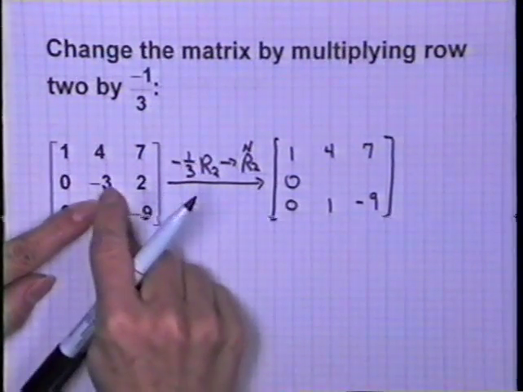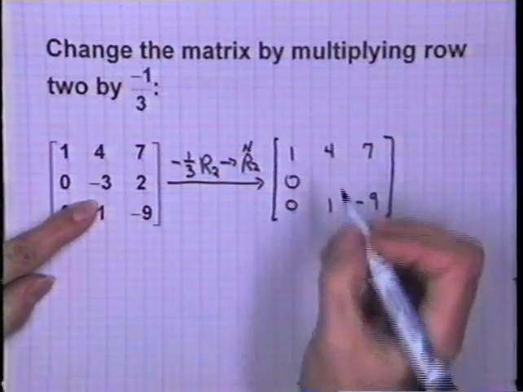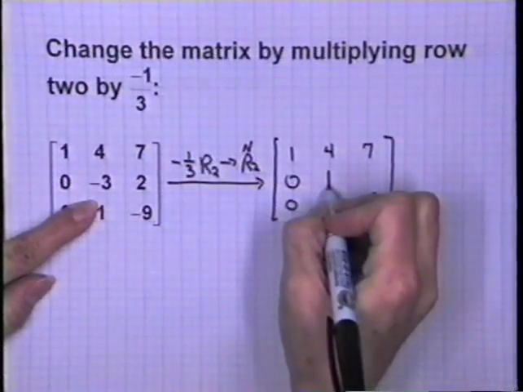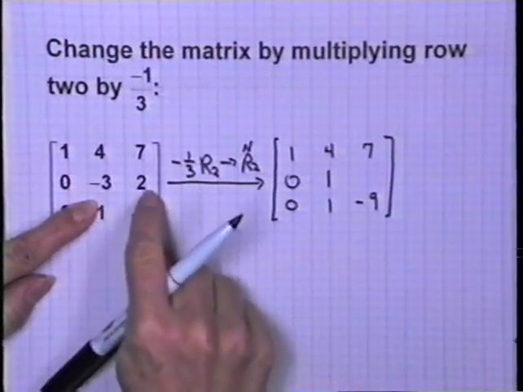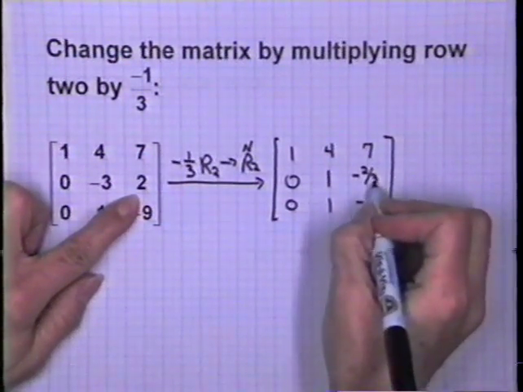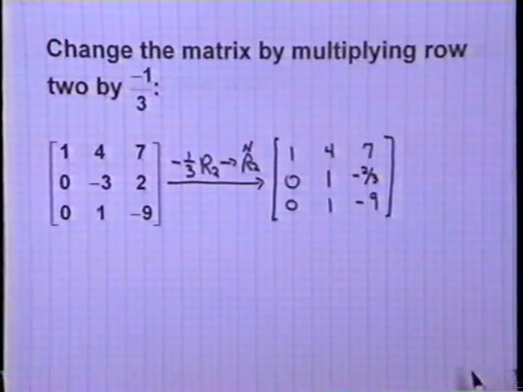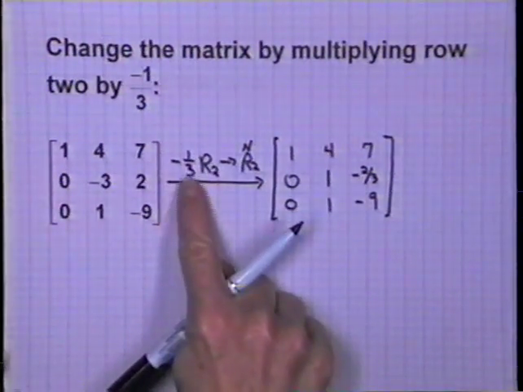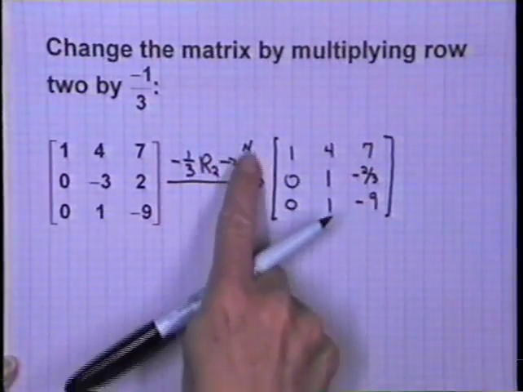Negative 1/3 times negative 3, notice, gives me a positive 1. Negative 1/3 times 2 gives me negative 2/3. Okay? So I've changed my matrix by multiplying negative 1/3 times row number 2, and that became my new row number 2.